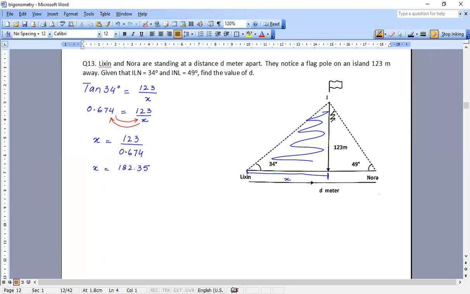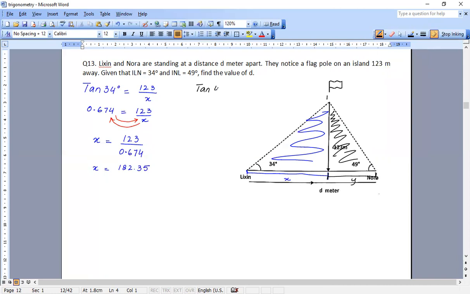Then I am going to consider this triangle over here, and in this triangle I'll again find out the adjacent. With 49 degrees known, 123 meter becomes the opposite. y is the adjacent. I'll use the same trigonometric ratio, tangent theta equals opposite upon adjacent.